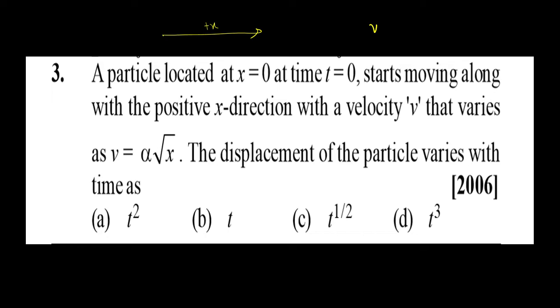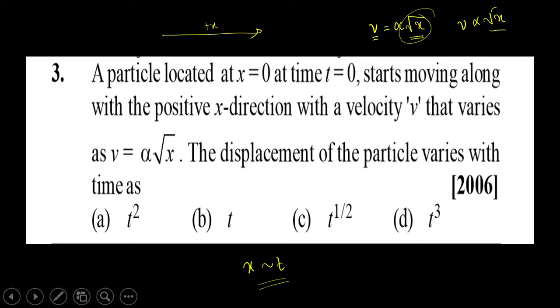And that v varies as alpha times root of x, and the displacement of the particle varies with time. Here the velocity is related to the displacement. Can I say that v is directly proportional to square root of x? From this equation we can understand that. So we have to find how this displacement is connected to the time. So let's do the question.